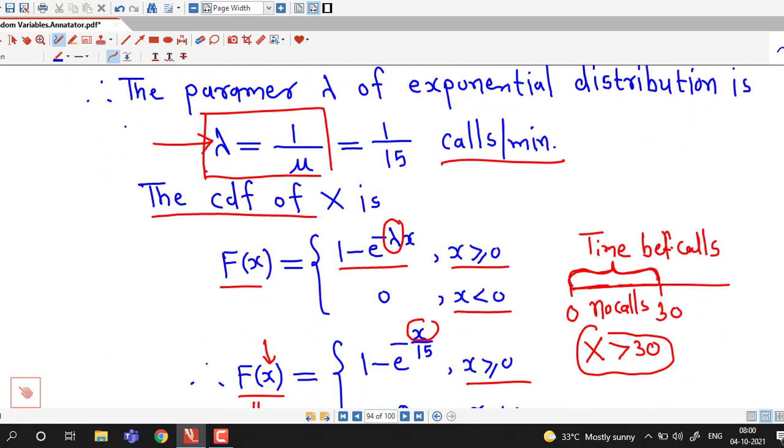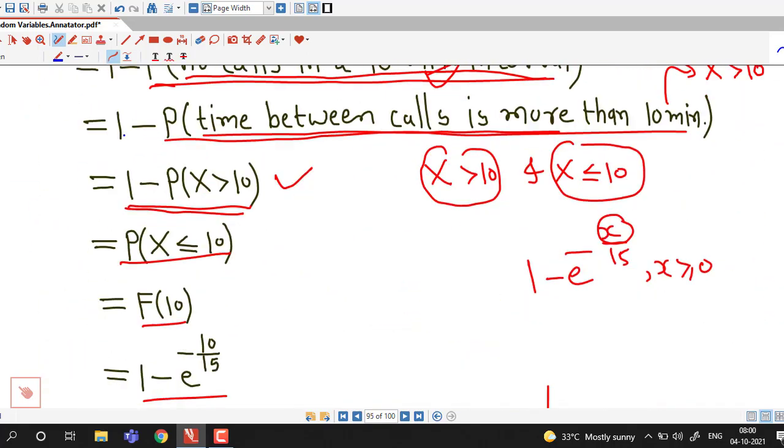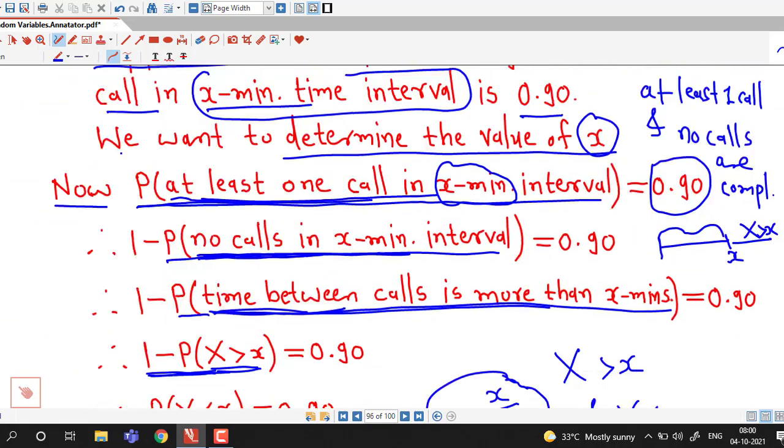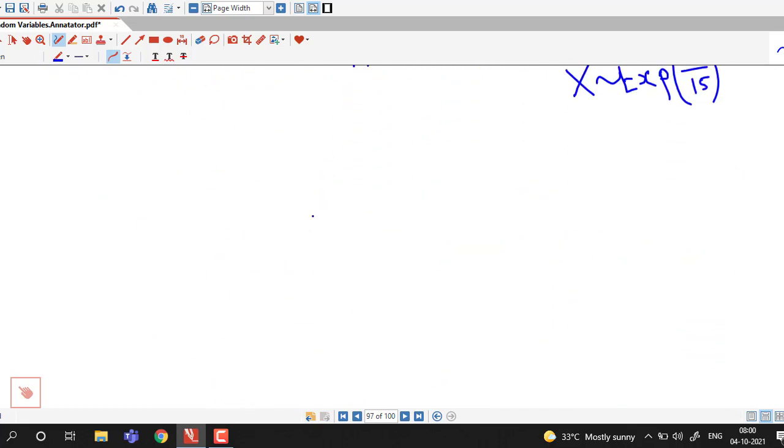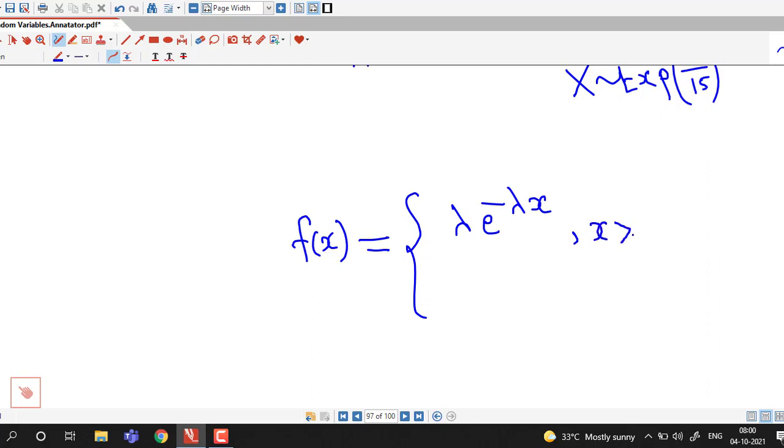If you wish, you can use the probability density function also; that is your choice. But if we use the CDF, then the calculations are fewer compared to the PDF, because with the PDF we have to do integration. We know that the PDF of the exponential distribution is lambda times e raised to minus lambda x if x is non-negative and 0 if x is negative.